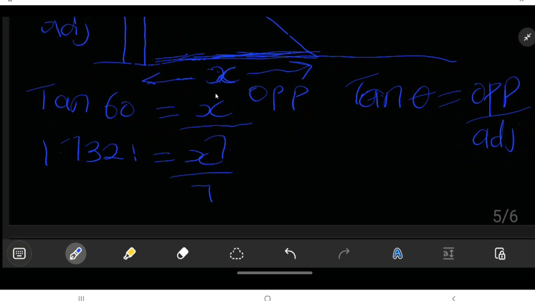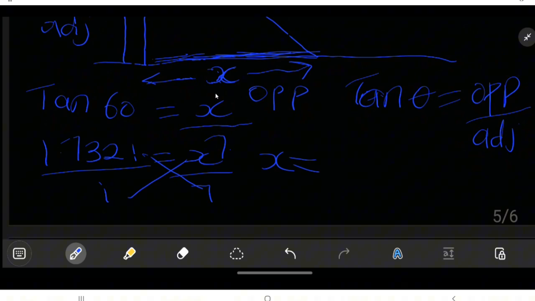We cross multiply, so x times 1 is x, so x equals 1.7321 times 7, which gives us 12.1247.